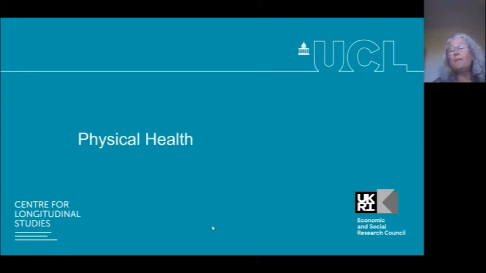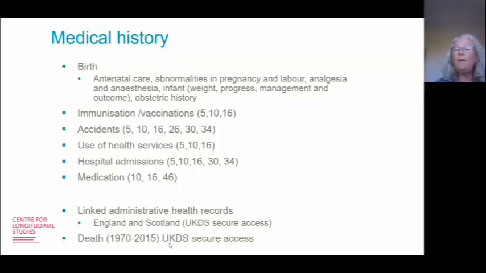So the BCS70 also, as I've mentioned, has a very strong focus on physical health. The birth survey was completed by the midwife who was present at the birth of the cohort member. So there's extensive and professional information on antenatal care, pregnancy, labour, infant health and obstetric history. In childhood, information on types of immunisations, vaccinations and use of health services has been collected.